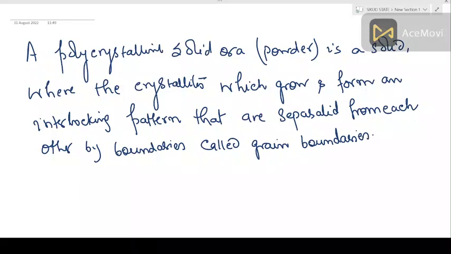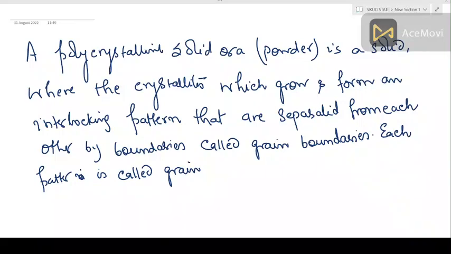And each pattern is called a grain. This is the definition of a polycrystalline solid.